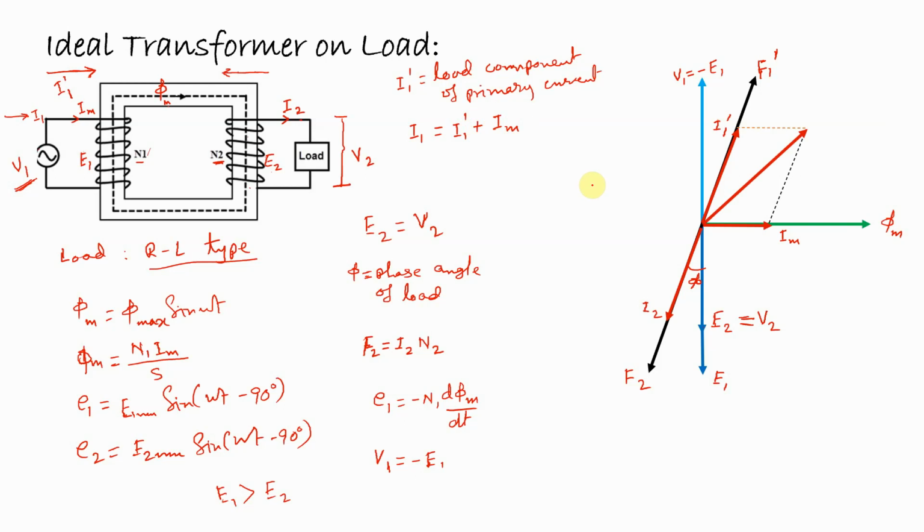So the total current will be the summation of these two currents. Remember, here there is a phase difference between Im and I1 dash, so we cannot add the values directly. We have to use the phasor relation. So this is the value of I1. I1 is considered as the primary current at load condition.